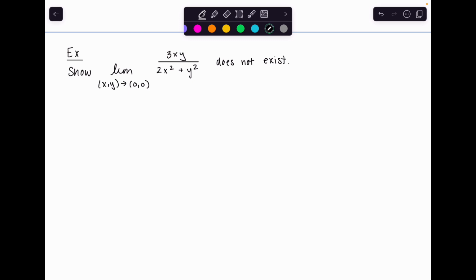So again, I'm going to pick my paths. I'm approaching (0, 0). So let's start along the x-axis. And in that case, y is equal to 0.